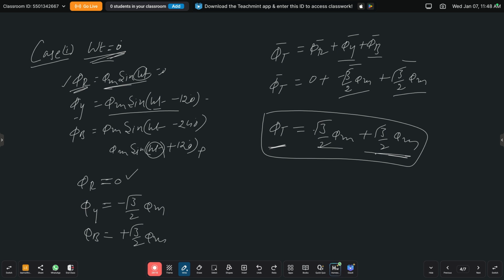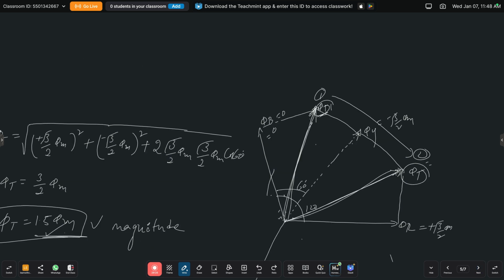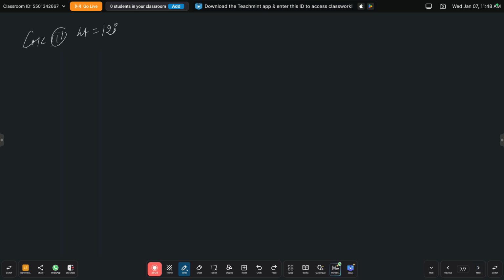Pi r is equal to Pi m sin 120. Pi y is equal to Pi m sin (omega t minus 120). Pi b is equal to Pi m sin (120 plus 120). So substituting here, we get Pi r equal to plus root 3 by 2 into Pi m.